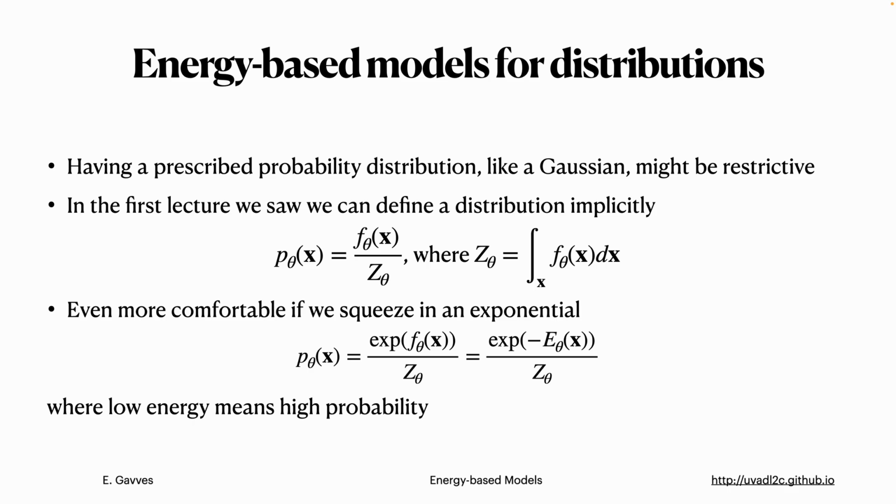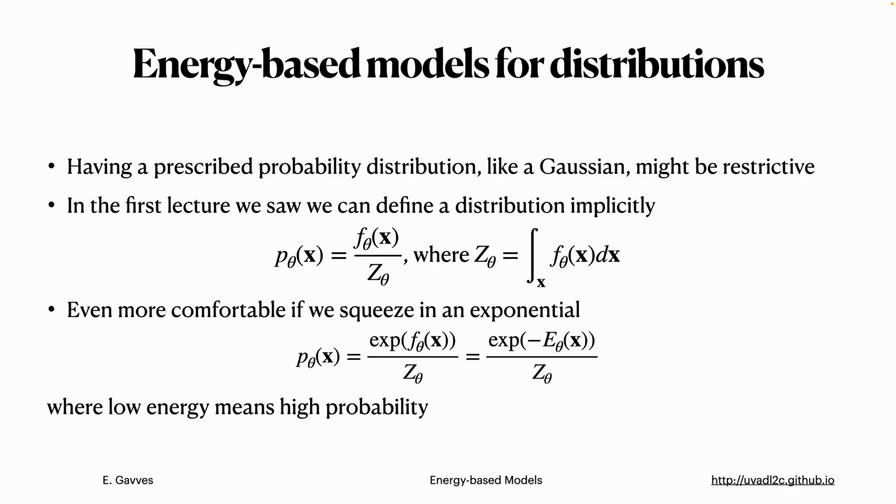If you have a prescribed probability distribution, like a Gaussian, Bernoulli, whatever, this is very inflexible. It's a formula-based way of defining a distribution, so you can do only so much.